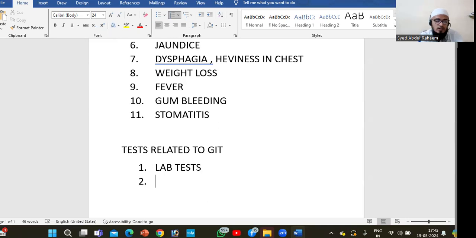We have laboratory tests and we have radiographic tests.